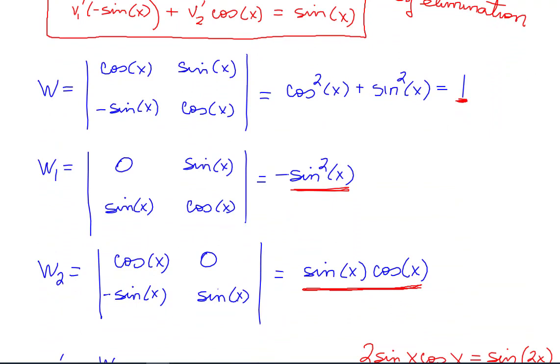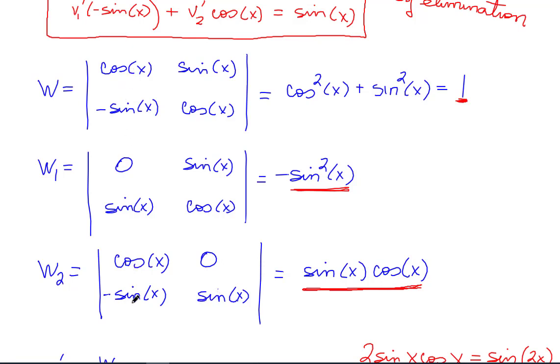All right, so my original y1, y2, and their derivatives gives me cosine squared plus sine squared is 1. Placing the right-hand side in the first column, I get 0 times cosine, which is 0, minus sine squared. W2, placing the right-hand side in the second column this time.